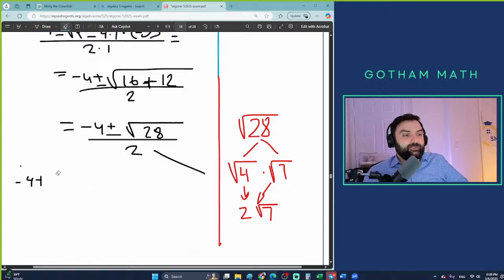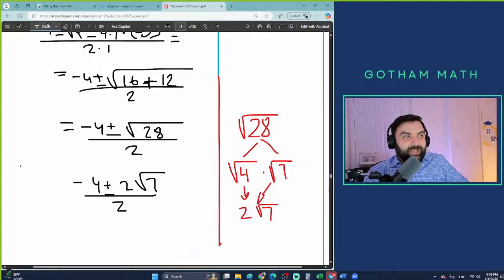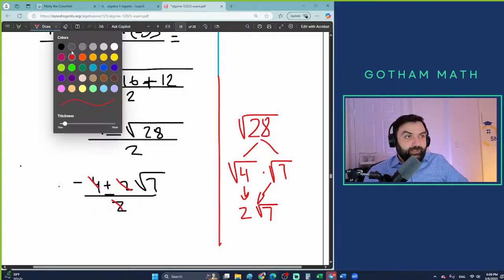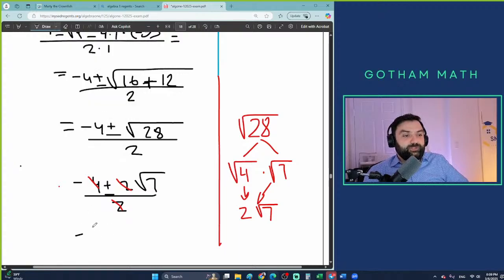Let me go back and say this answer can be written with just plus minus. The only thing that you need to do is write 2 square root of 7 over 2. Divide everything by 2. By everything, I mean 4, 2, and 2. You can divide by 2 to simplify it. So it's going to be negative 2 plus minus, nothing, which means 1.